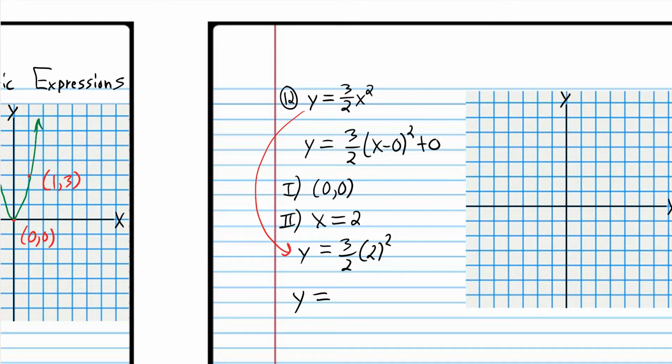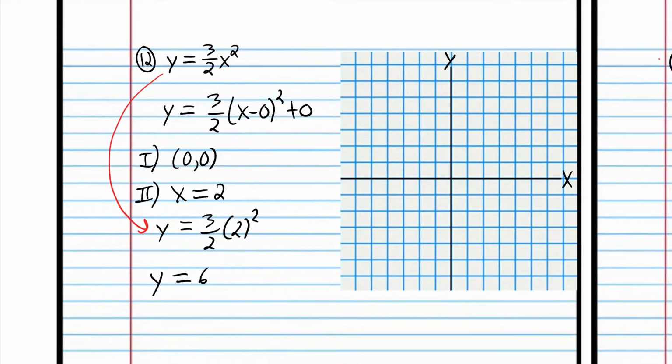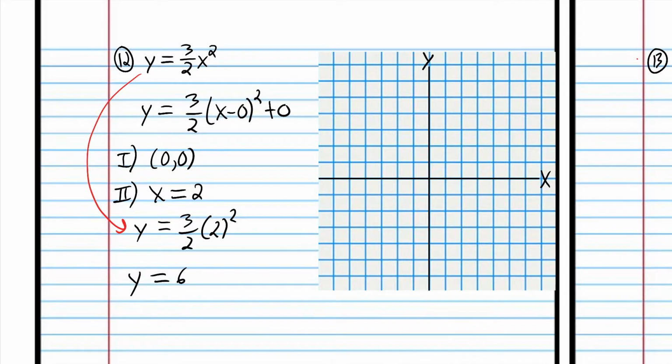So y is equal to 6. So we have 2, 6. And of course we have 0, 0, and we can use symmetry. And this would be negative 2, 6. And there you go. So if you got something like that, good job.